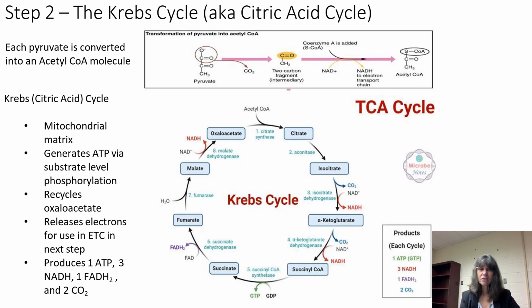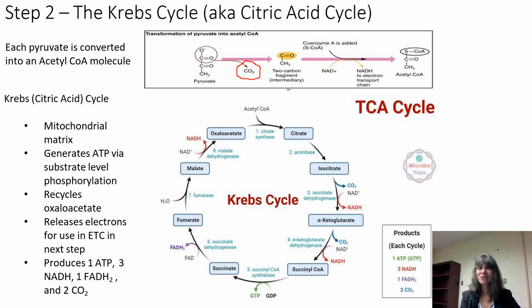Each pyruvate molecule that's produced has to be converted into acetyl coenzyme A. In order for that to occur, the pyruvate has to be decarboxylated. It has to lose carbon, and that process of decarboxylation doesn't just remove carbon, it actually removes 2 atoms of oxygen. So we're removing carbon dioxide from pyruvate.